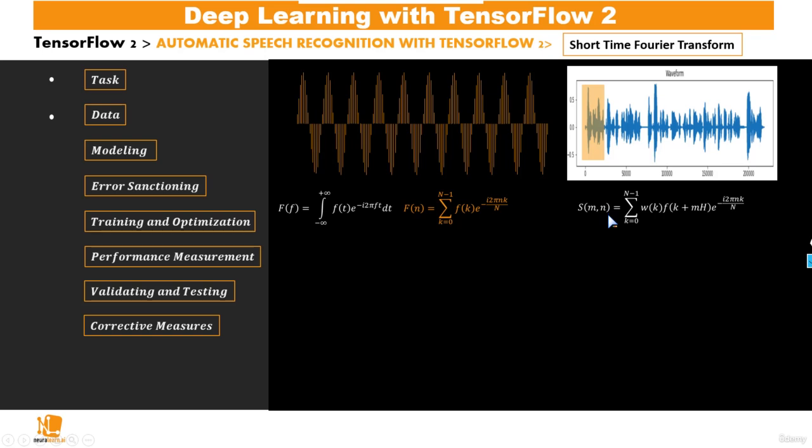So we have s of n, and since m is 0, we have just f of k. So we have w of k. That's actually where we get this: w of k, f of k, e to the negative i 2 pi n k divided by n, which is similar to what we had here. So in this case, we just have something very close to this, and that's because we're working in this first portion of our signal.